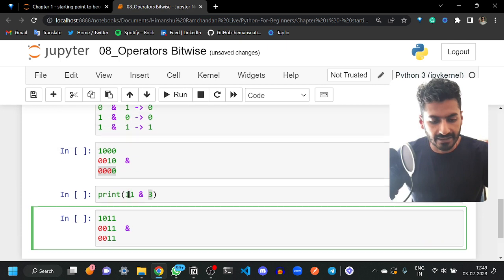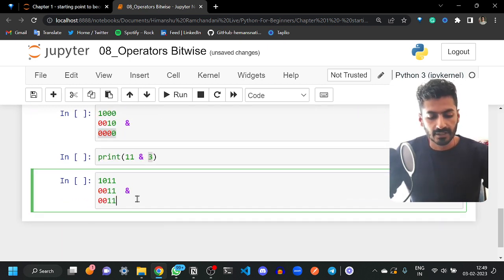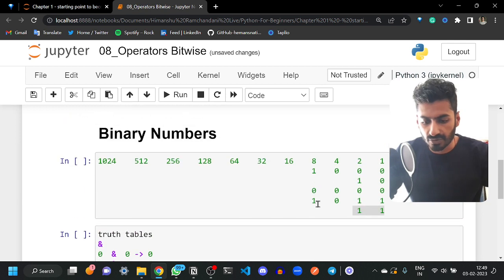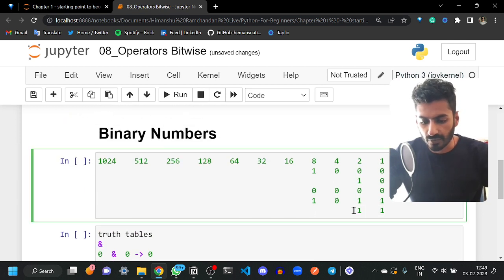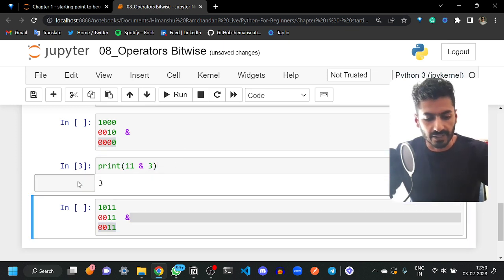So in AND cases, in this particular case, if any of the charges are not available, the output will be 0. If both the charges are available, then the output will be 1. So in this particular case, the output is this. Let's put this binary below this particular series. So you will get 3 again, as 0s are not considered. 1, 1, the output will be 3. Okay, so if you run this, the output will be 3.